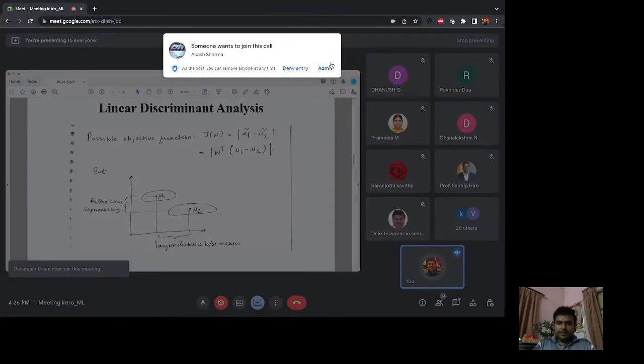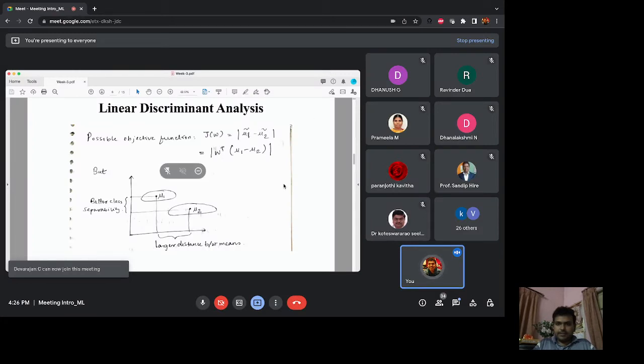Am I clear at this point? Does anybody have any question, or is everybody okay with this? Can you understand that when I am trying to increase the distance between the two means, the x axis is where I should go rather than the y axis? Is that understandable to everybody?